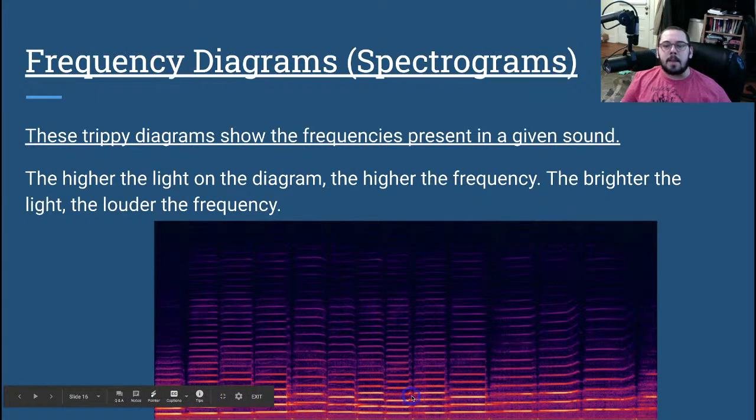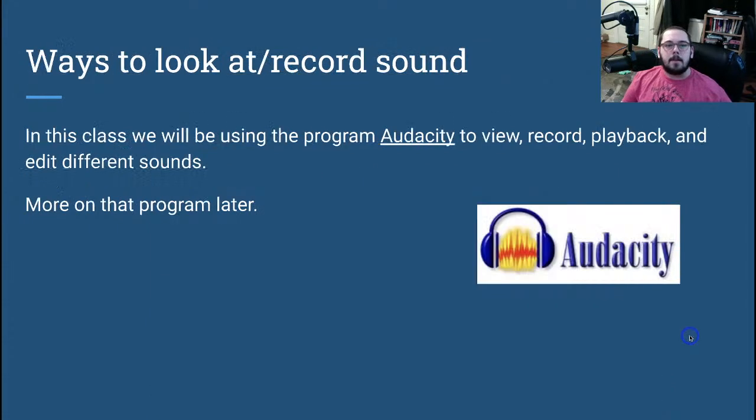So in this particular sound, it's made up more of these frequencies down here in this area, and then little remnants of higher values way up in this range. And we may not even be able to hear some of these. But just know that the brighter the sound, the louder the frequency, and then the height is determinant of what that frequency is. That's the quick way to read a spectrogram.